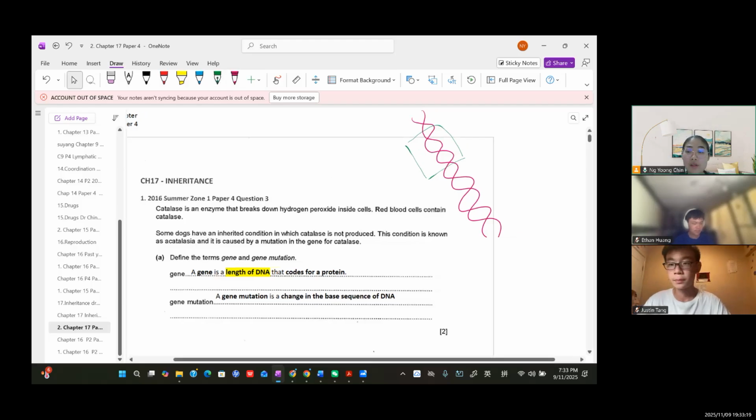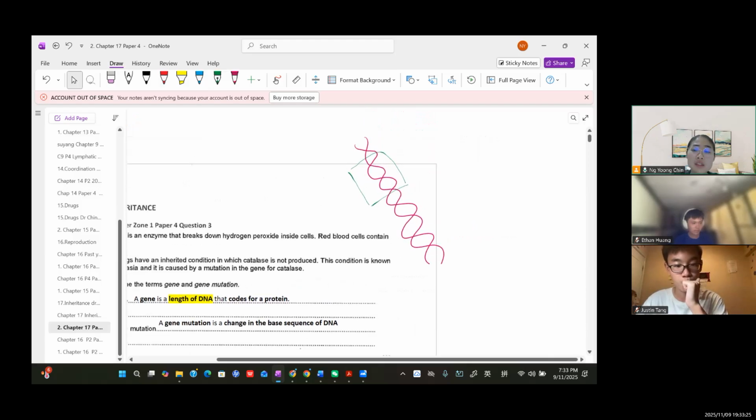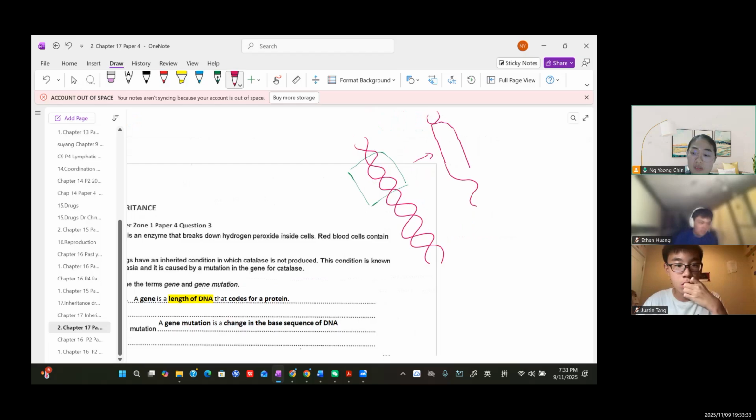So if your cell wants to produce proteins later, what they will do is uncoil this region. Maybe they just uncoil this region. Yeah, okay. So they will expose the bases, okay? Because the DNA has bases like this, which are A, T, C, G. They will just expose their bases. So an enzyme will come out, and the enzyme can start to synthesize messenger RNA.